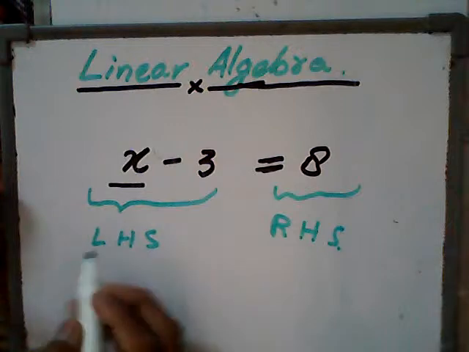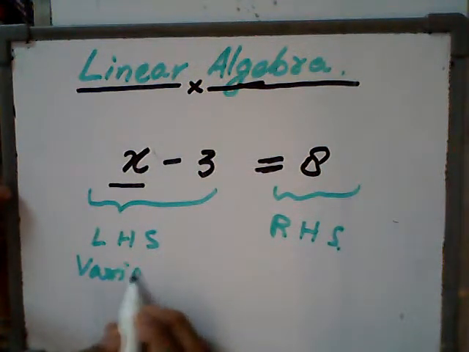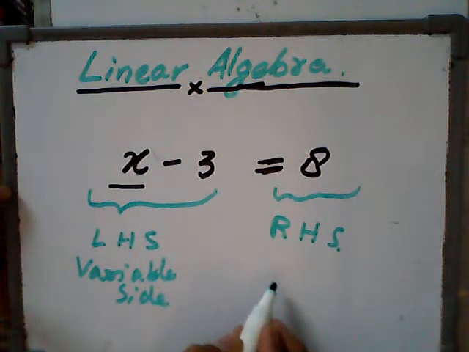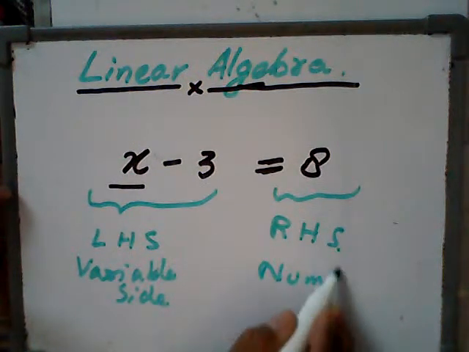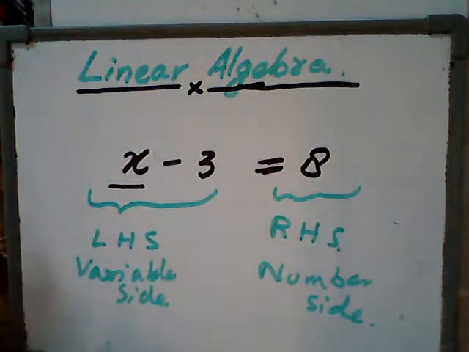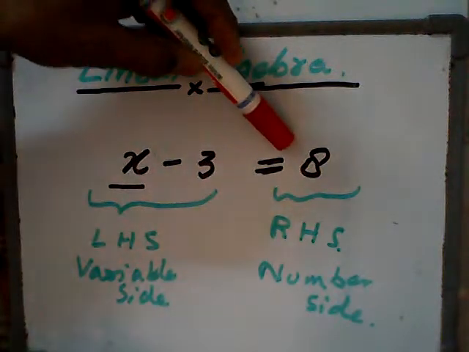The left hand side we call the variable side, and the other side is called the number side. So we must keep in mind that this is a variable side and this is a number side.